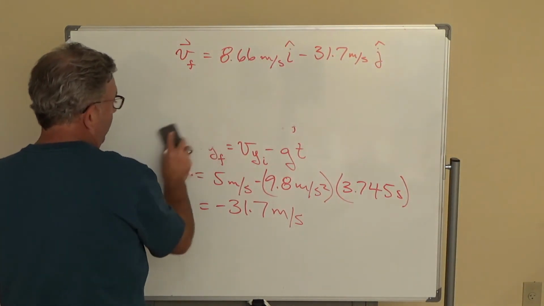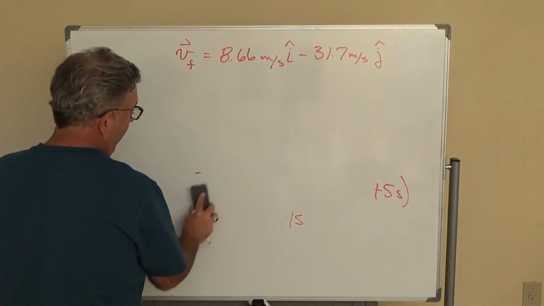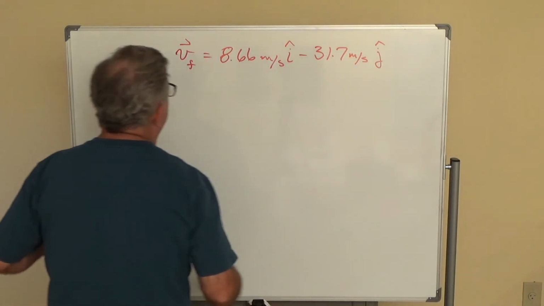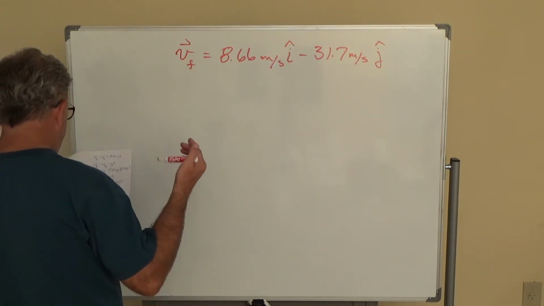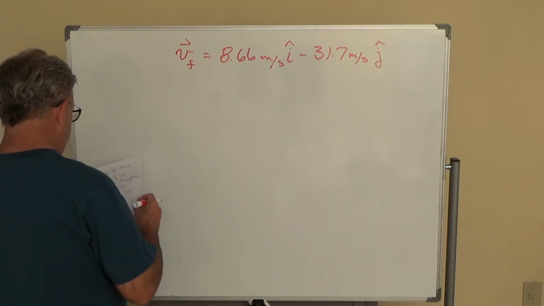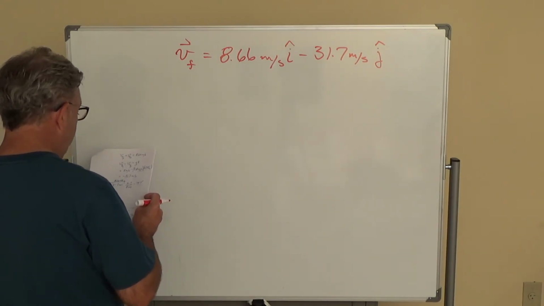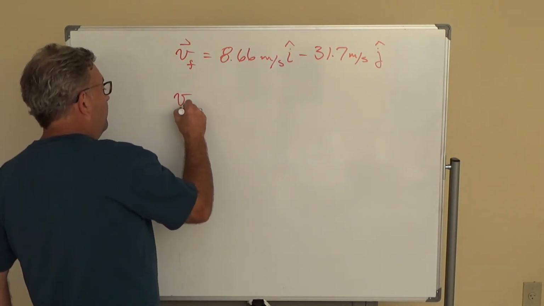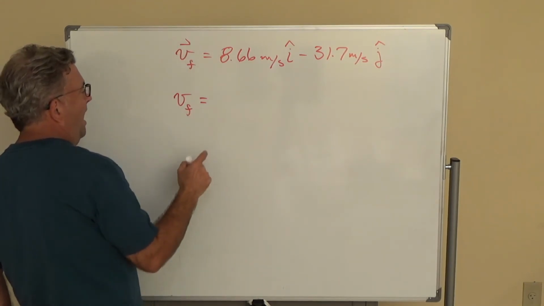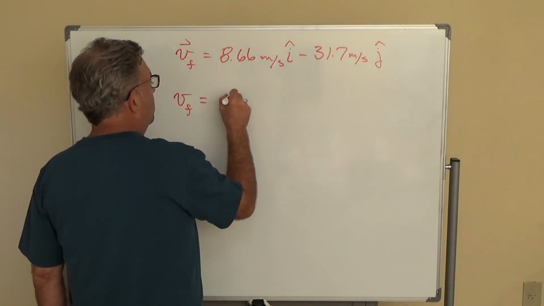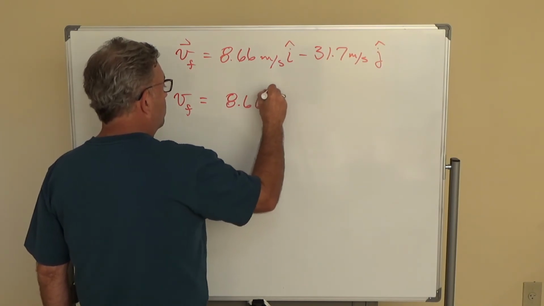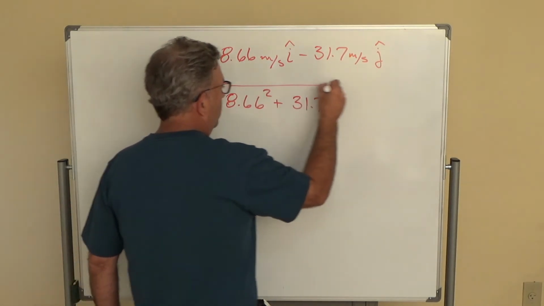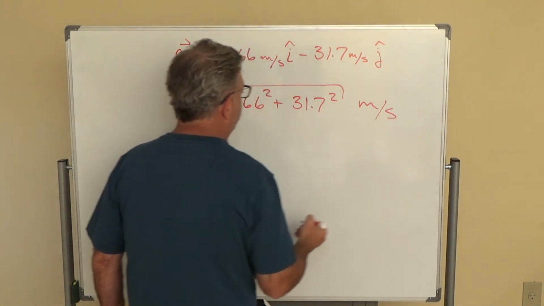I want to put this in polar form to get an idea of the angle at which it impacts the ground and the magnitude of the velocity. So V final, and if I write V final without the little hat, that's a magnitude, is equal to the square root of 8.66 squared plus 31.7 squared, and that's in meters per second.